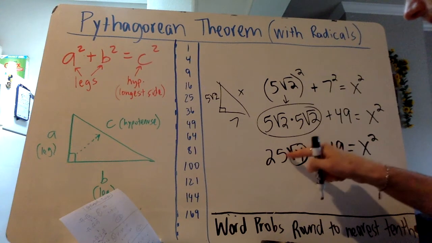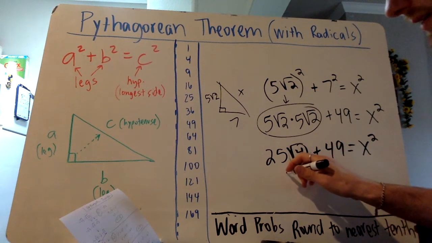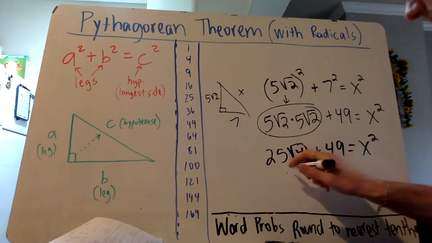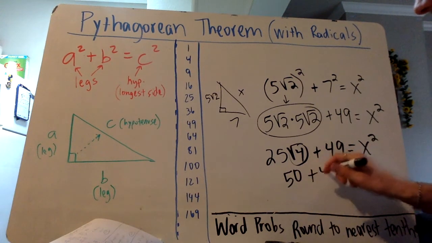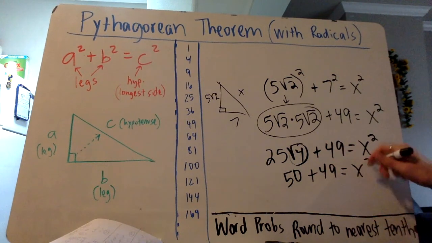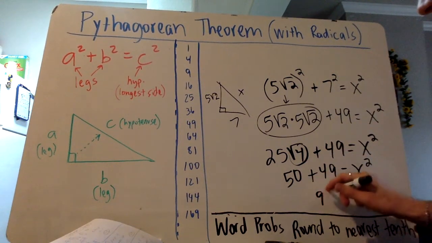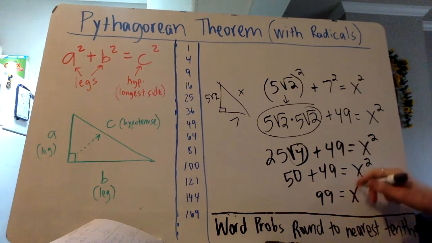So it's 25 times 2, which is 50. And then we got 50 plus 49 equals x squared. 50 and 49 is 99, which equals x squared.